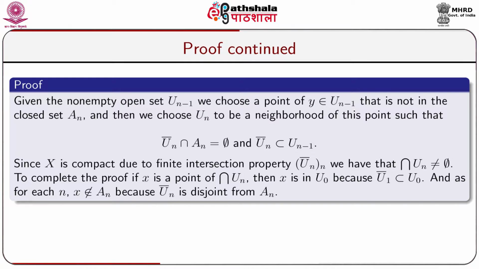Now, to complete the proof, if x is a point of intersection of Un, then x is in U naught also, because closure of U1 is contained in U naught, and for each n, x does not belong to An because closure of Un is disjoint from An. This completes the proof of this theorem.